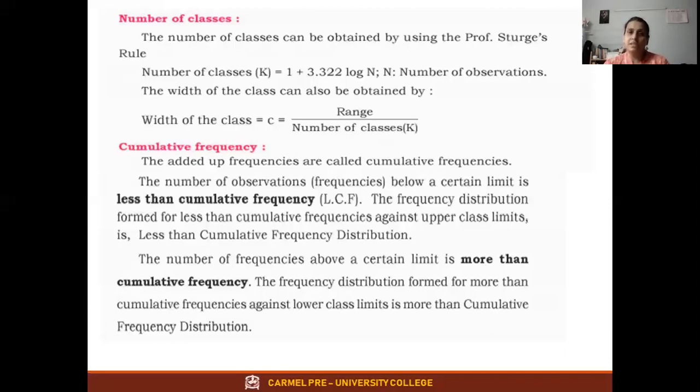Today what we will study is how we can also form a continuous frequency distribution. Last time we did in detail how to form a discrete frequency distribution. In today's class, we will learn how to do with class intervals. Class intervals can be of 3 types.